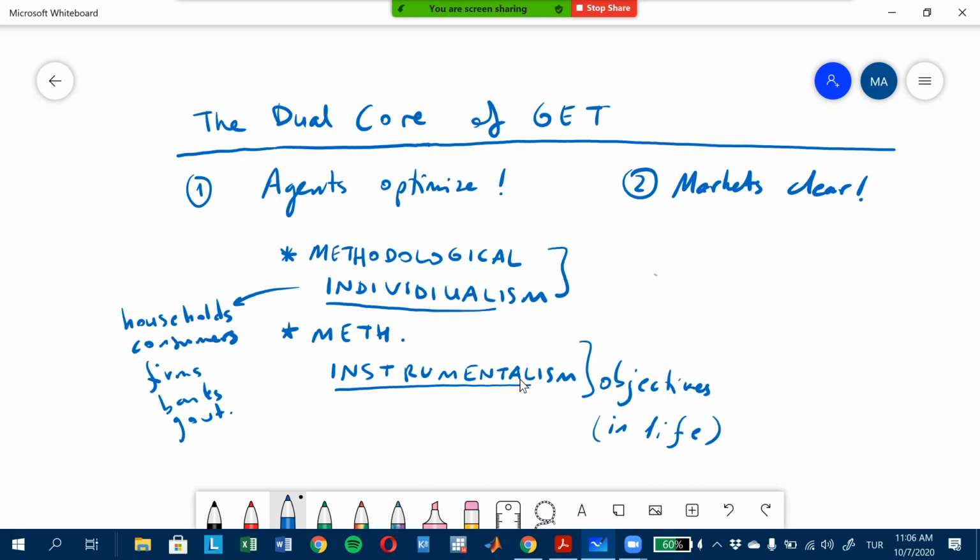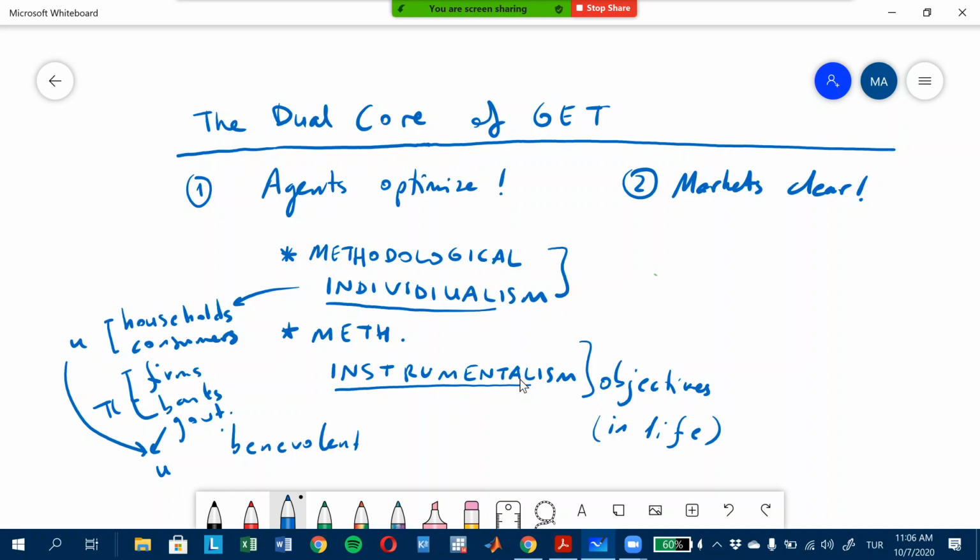In the case of households and consumers, they are basically interested in utility maximization, right? Firms and banks are interested in profit maximization. Government is interested indirectly in the utility of people, of course, if the government is benevolent.